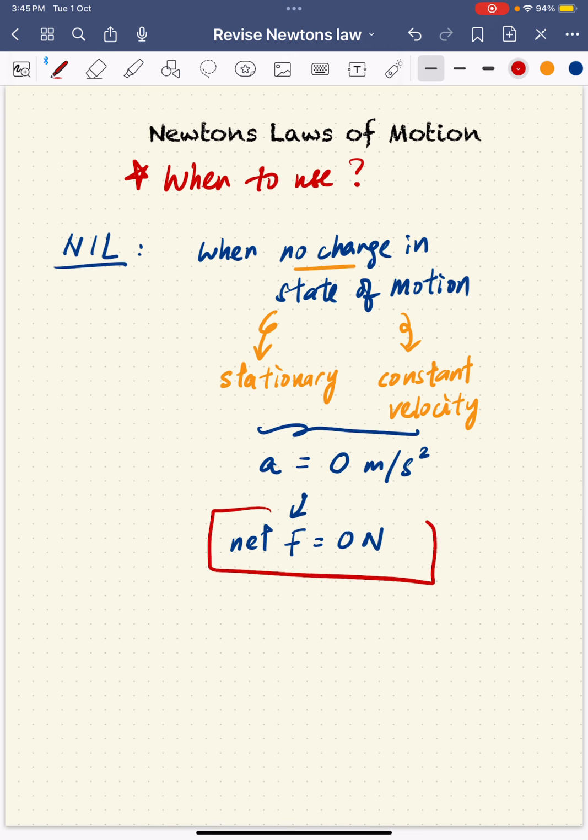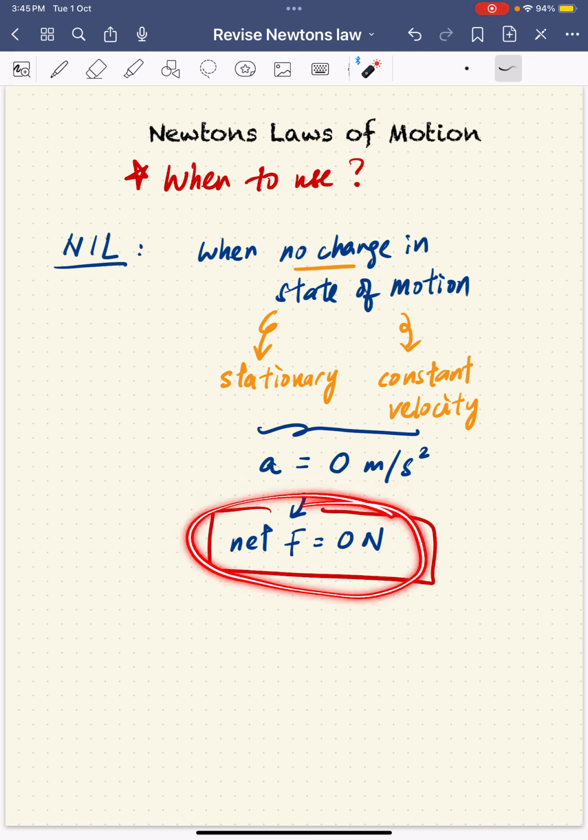So whenever we see an object not moving or at constant velocity, it implies acceleration is 0, and that tells us something about the way the forces acting on this body combine together. They must combine together to give a net 0.